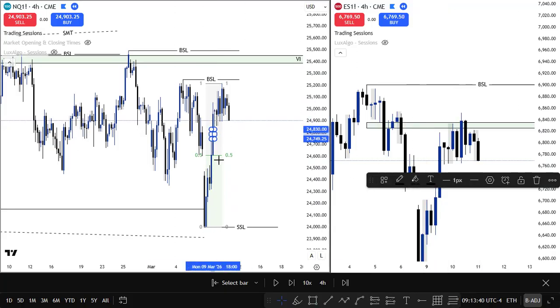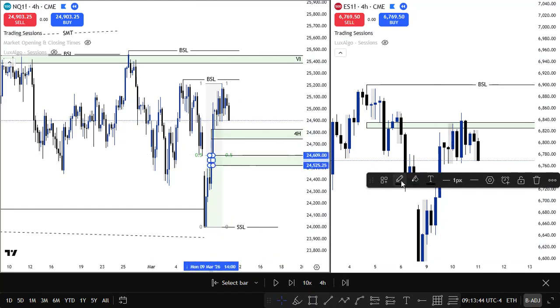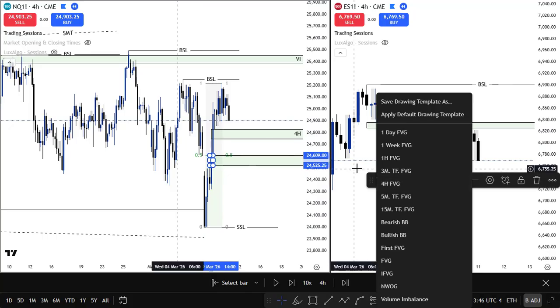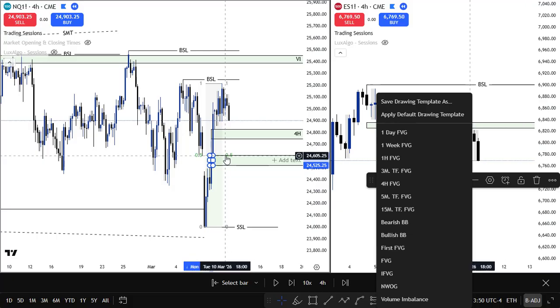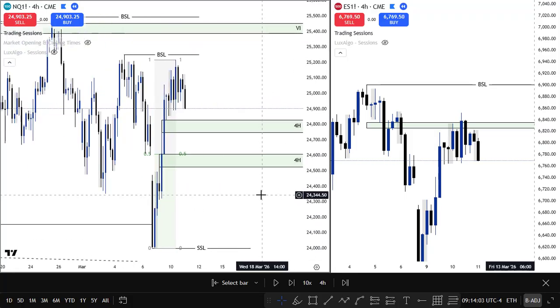If we invert this 4-hour fair value gap, then I'll potentially expect price to crash at least to this 50% zone. We also have the new week opening gap perfectly lined up with this 50% zone. This is something nice that I can definitely work with. So I'm going to mark these two beautiful fair value gaps that I can potentially work with.